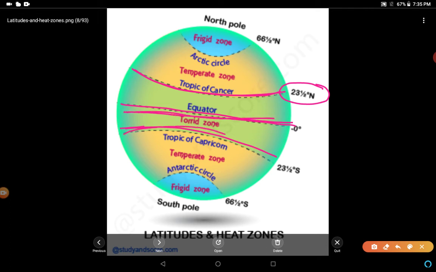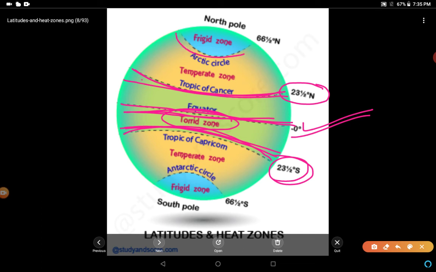And this is Tropic of Capricorn, 23.5 degrees south. So this is called the torrid zone. It is the hot zone or torrid zone because sun rays come directly and straight on this area. So you are understanding, this is the torrid zone.